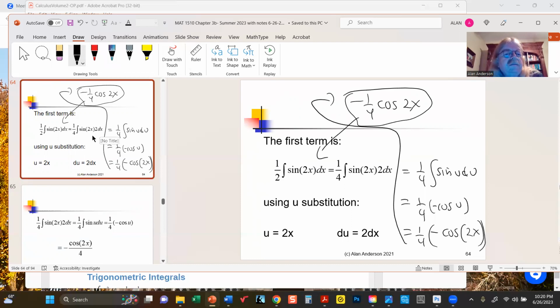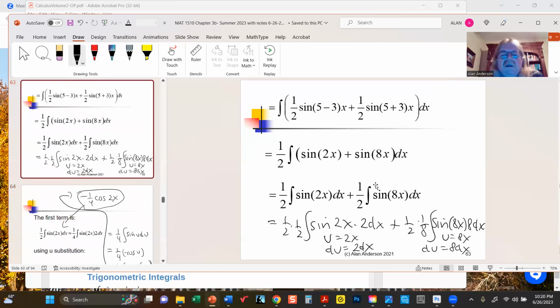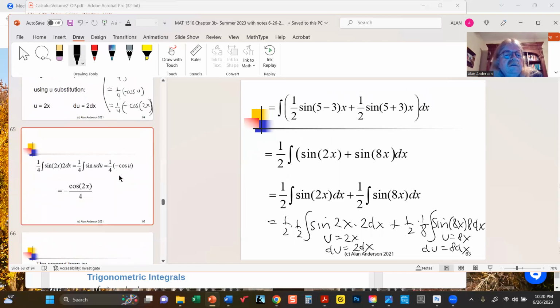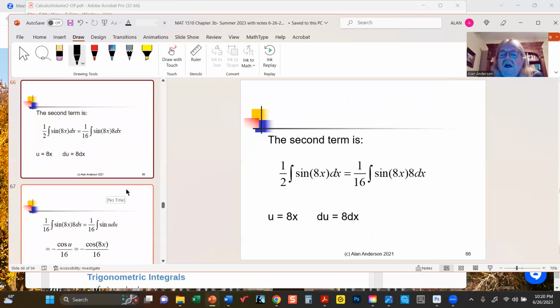Now, the second term is this one involving the 8x. So again, you do not have the 8 that you need here for du, so we supply it ourselves. We multiply this 1/2 by 1/8, and here's the 8 that we need.